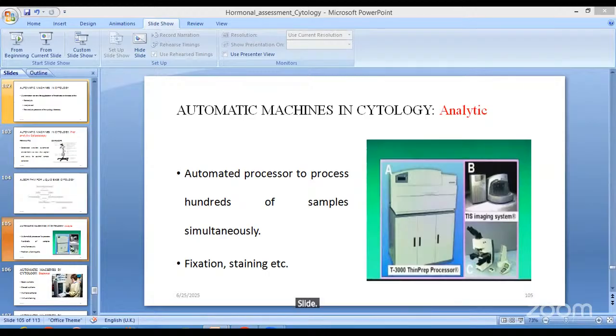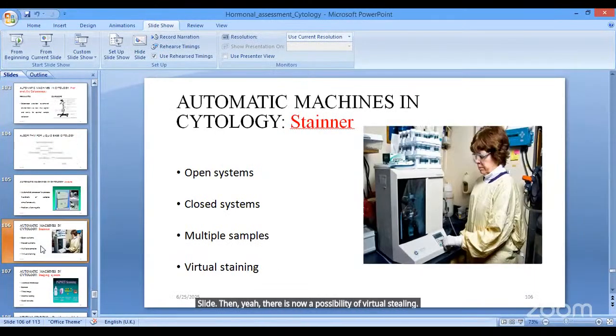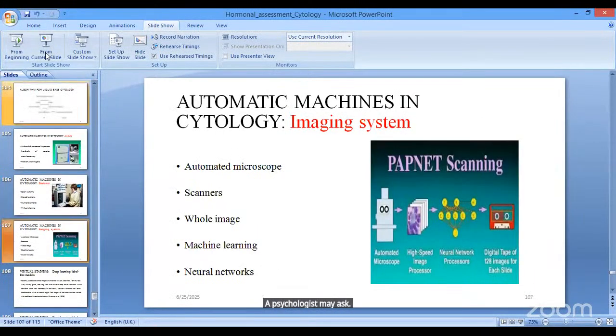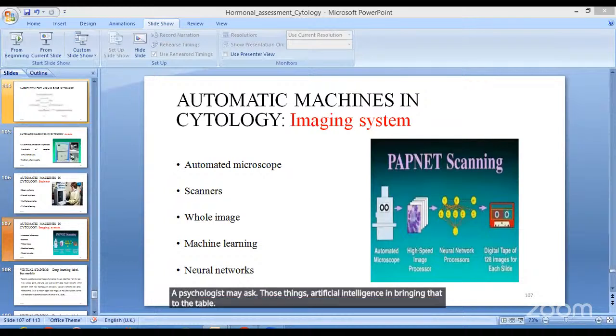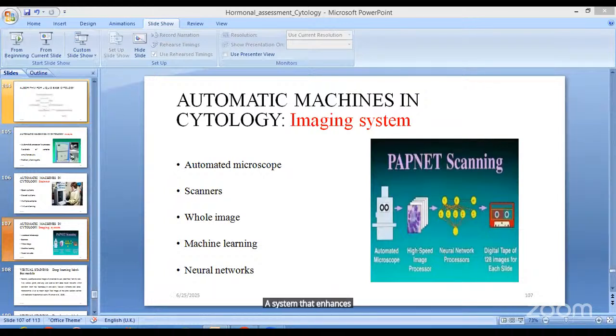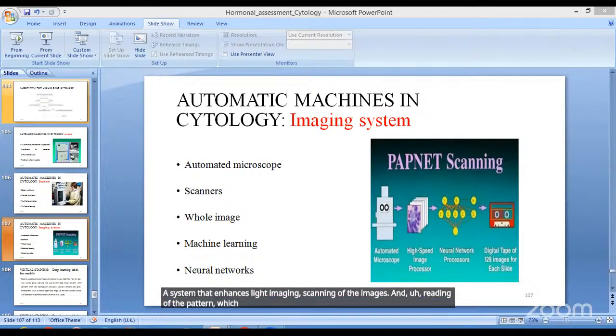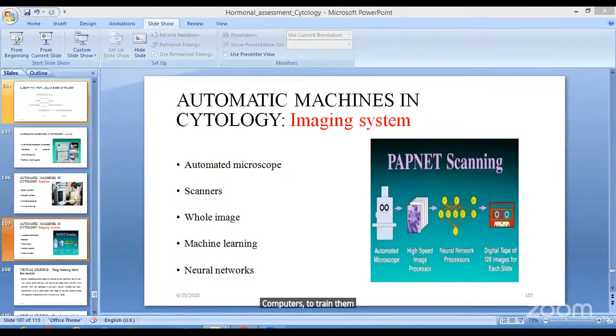Then there is now the possibility of virtual staining of cytology smears. Artificial intelligence is bringing all those things to the table. A system that enhances slide imaging, scanning of the images, and reading of the patterns, which can be fed into machines and computers to train them to identify those patterns.